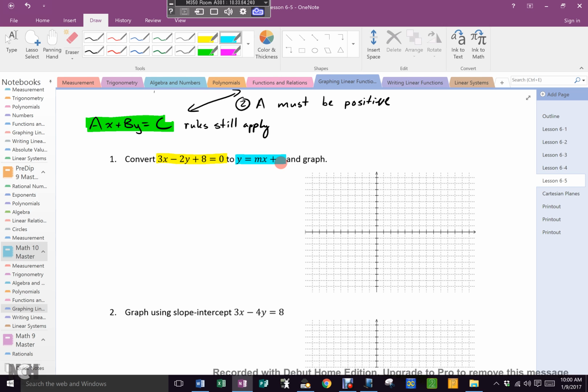So, what is the difference between the yellow highlighted equation and the blue highlighted equation? What's the difference? I know you guys have eyes. What is one of the differences between the yellow highlighted equation and the blue highlighted equation?